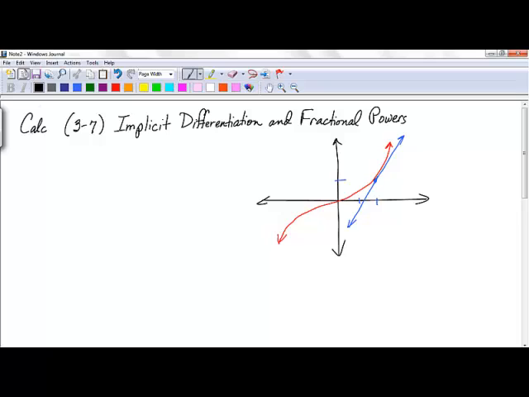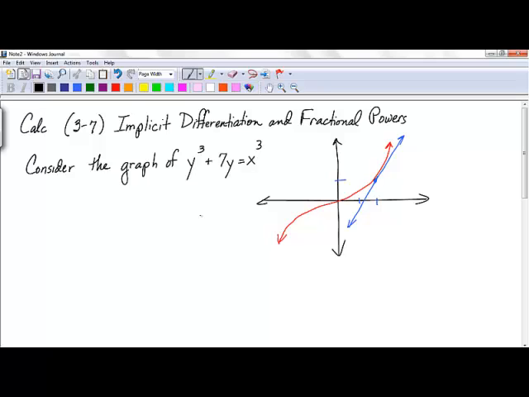Okay. If you consider the graph of y cubed equals, oh, sorry, made a mistake, y cubed plus 7y equals x cubed. Okay, and that would be the red graph.